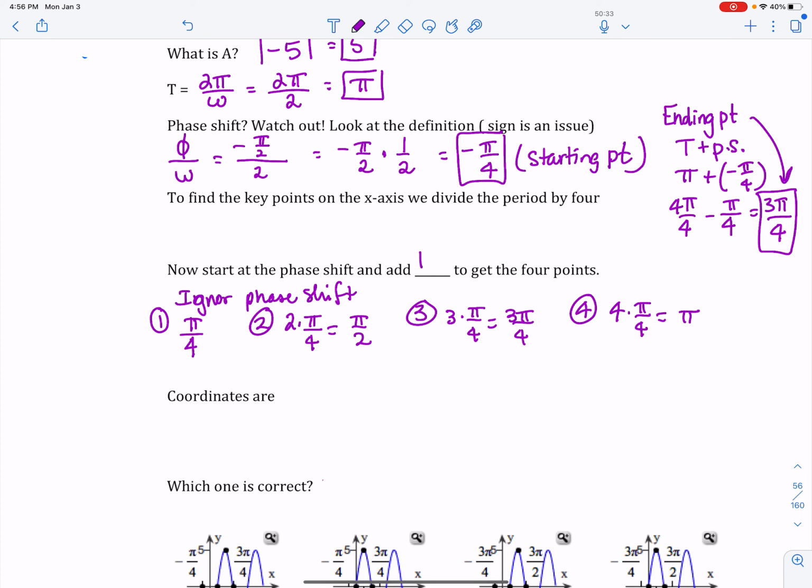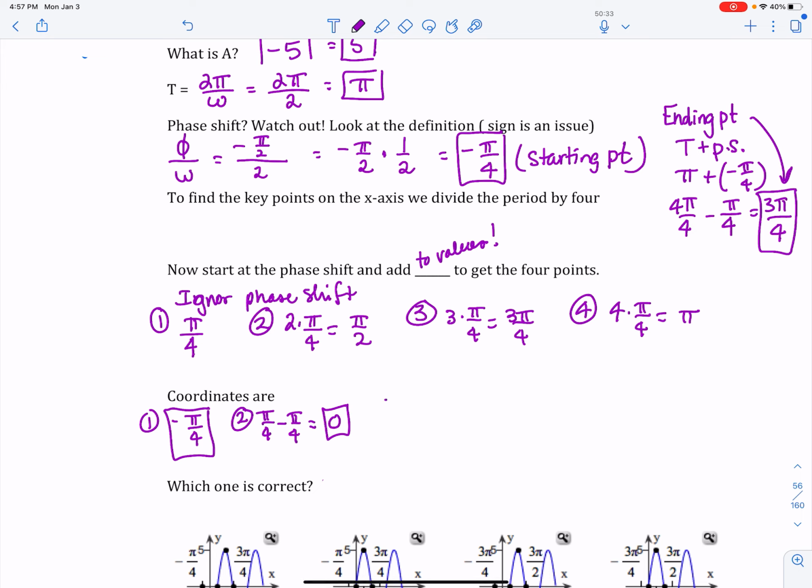points. Okay, so the first point, remember we've shifted. So the first point is now negative pi over 4, right? So I look at my first point and I take pi over 4 minus pi over 4 to get 0. So here's my second point.